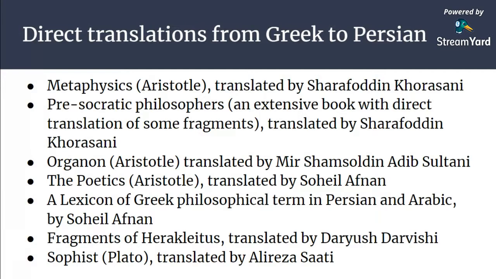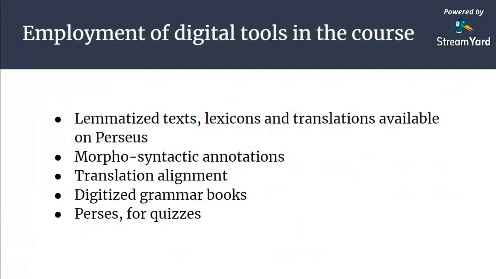At the same time, we have a book, Fragments of Heraclitus, which is translated by another translator, Dariush Dervishi. And I find it very interesting that there is a growing interest in reading Heraclitus in Iran.